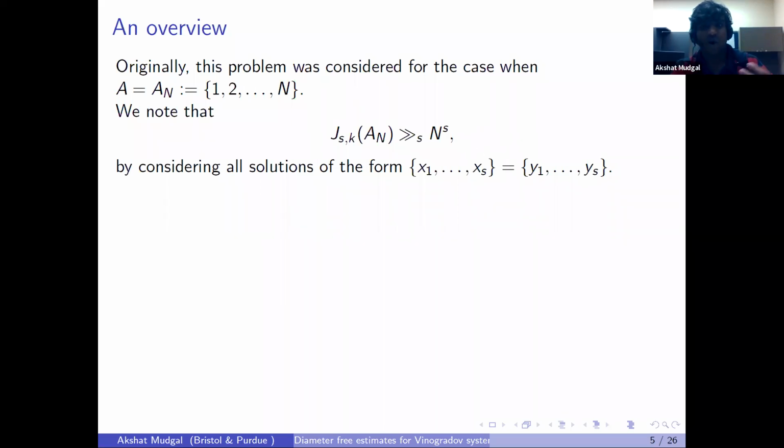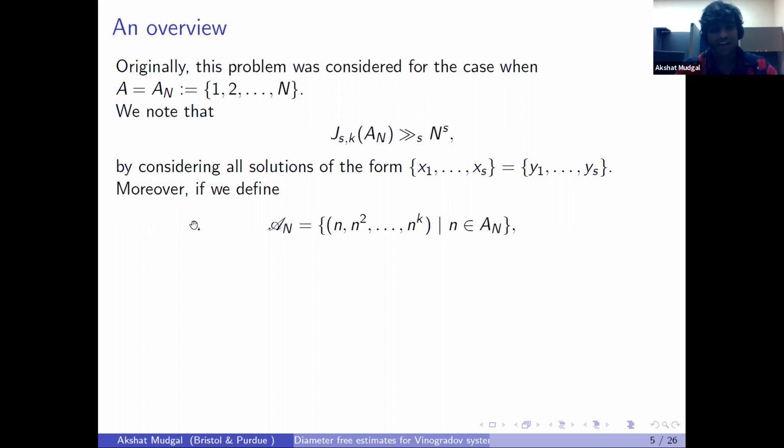Moreover, you also have an off-diagonal contribution. To get an idea of the off-diagonal contribution, we'll first do a nice additive combinatorial trick. To get a lower bound on energy, we'll first consider the sumset. I define this curly set A as a set of vectors which lie on the moment curve.